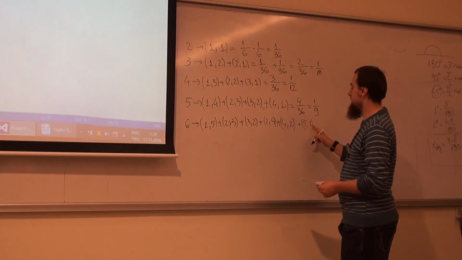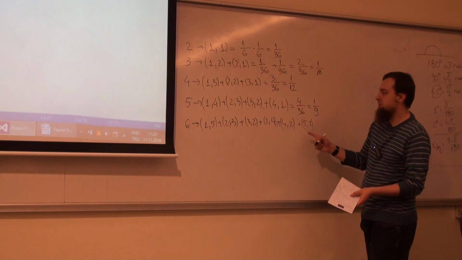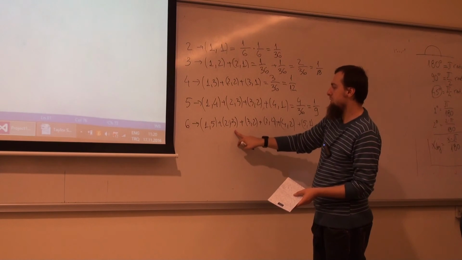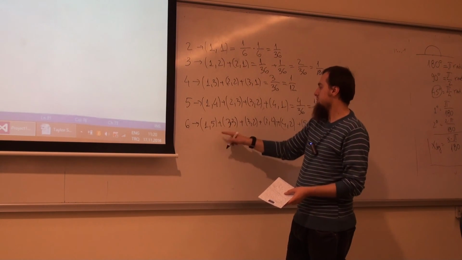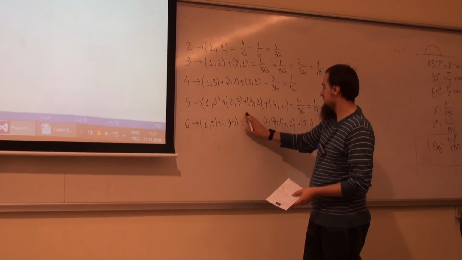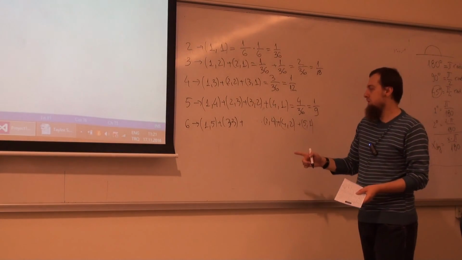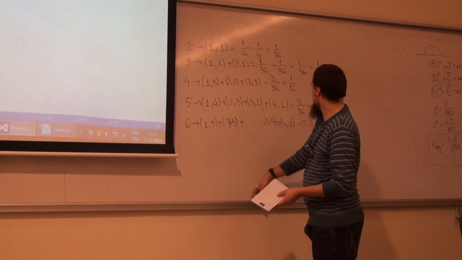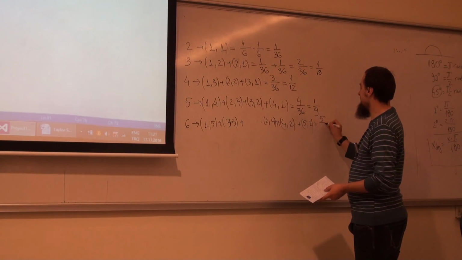How many? 1, 2, 3, 4, 5. Is this all? Okay, so it's 5 over 36.